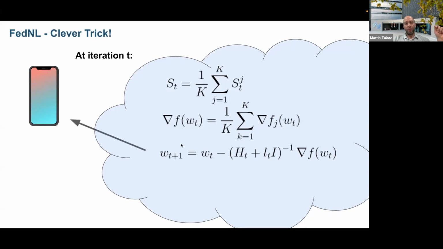Afterwards, I can send this new iterate to the workers and they can start working on the next gradient and the Hessian computation and so on. And afterwards, I will update this H by adding again alpha times this S_t. What is nice about this is that the server doesn't really care about the individual values of the local estimates of the Hessian, because he just updates the average of them.